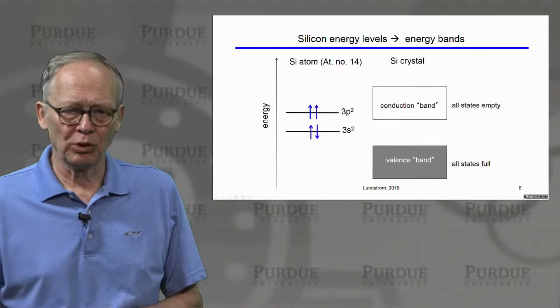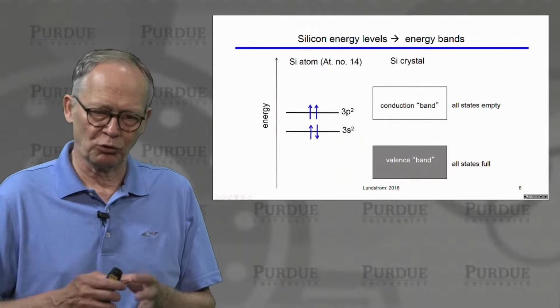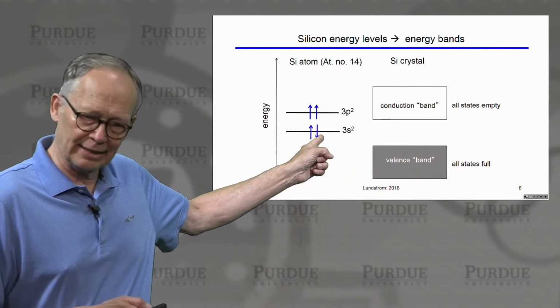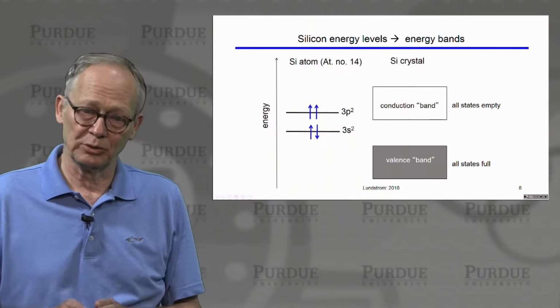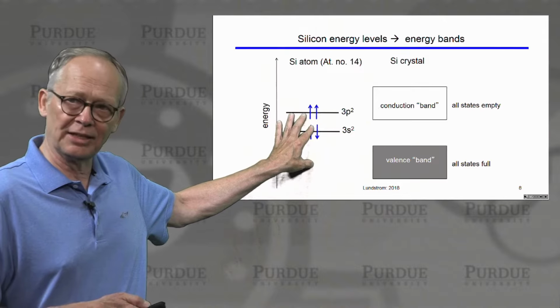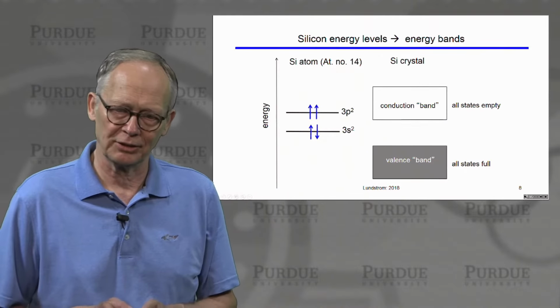There's a very important concept that happens when we put atoms together and form bonds. When we have 5 times 10 to the 22nd atoms per cubic centimeter in silicon, we have 5 times 10 to the 22nd of these states. But the states change because of the interaction that occurs when the orbitals overlap and the bonding occurs.